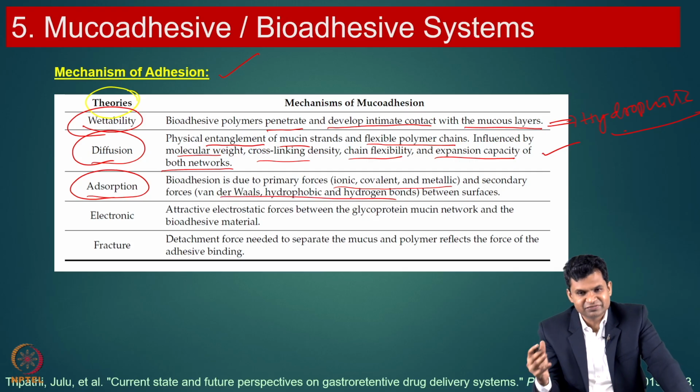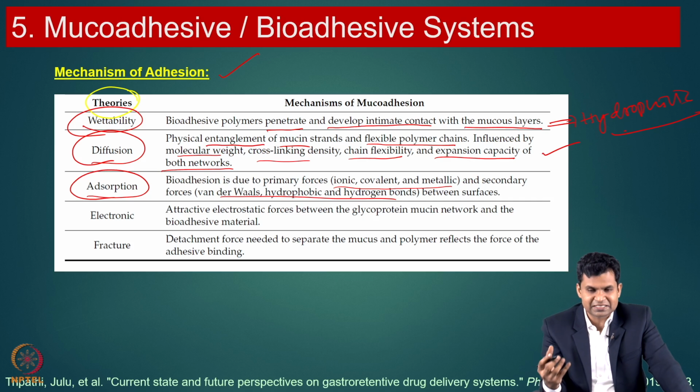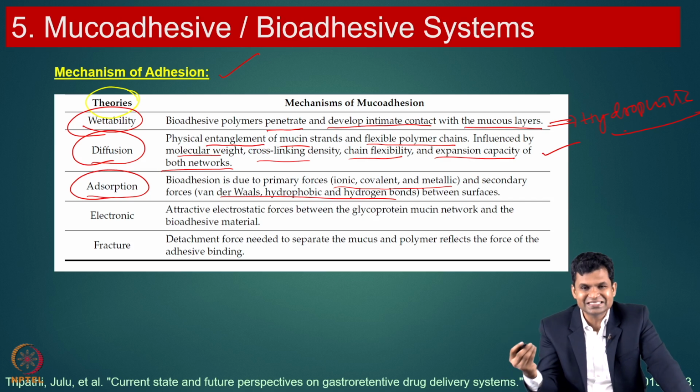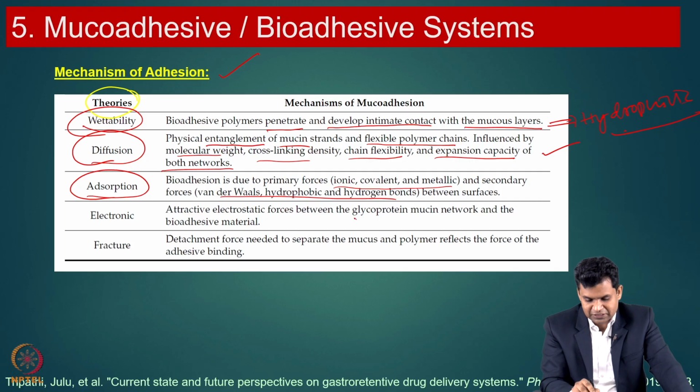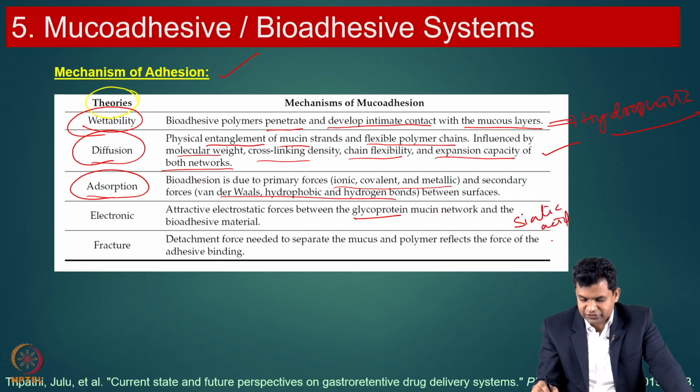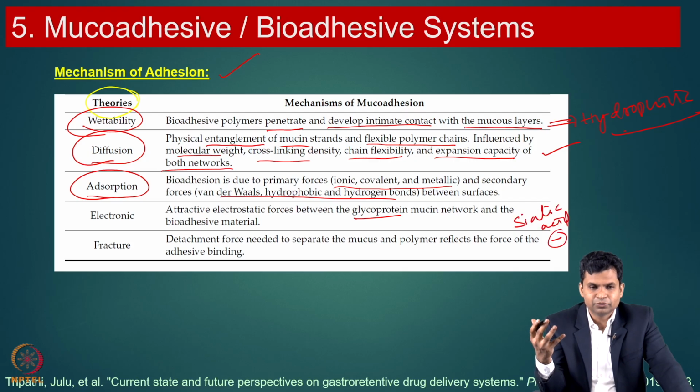Electrostatic, now it is very simple. We have a mucin, and mucin has various types of functionalities in that molecule, especially the glycoprotein. One best example is that it contains sialic acid, which shows the negative charge existing on the surface of the mucin.